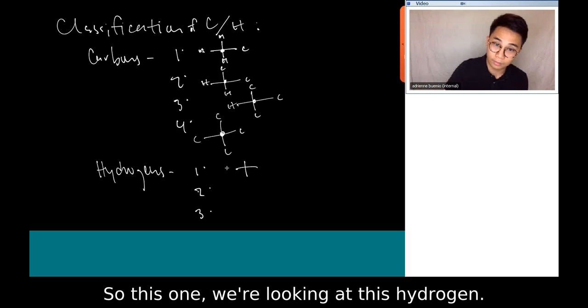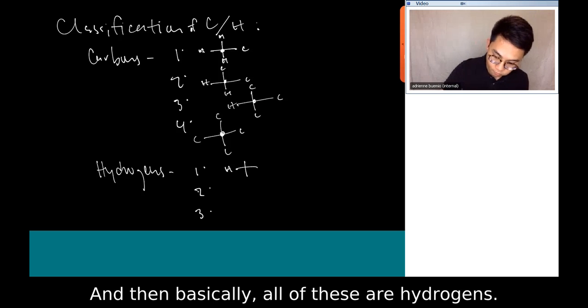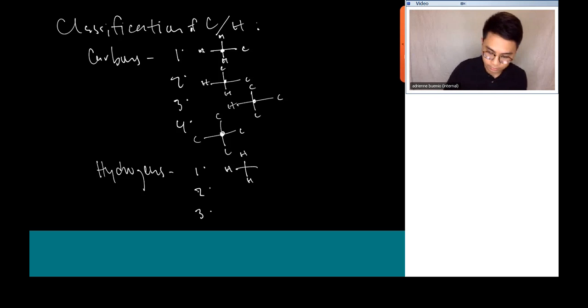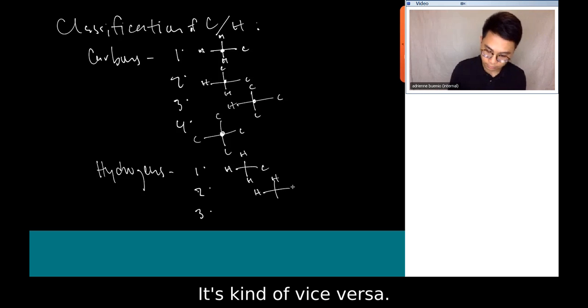we're looking at this hydrogen, right? And then basically all of these are hydrogen. It's kind of like vice versa of the carbons, right? Right here, right? It's kind of vice versa.